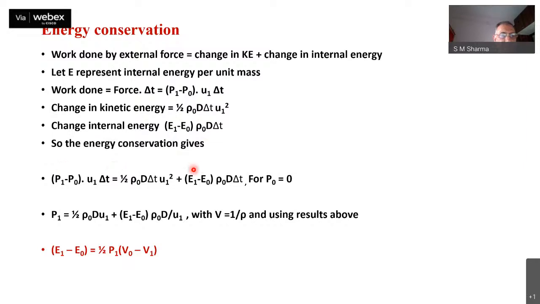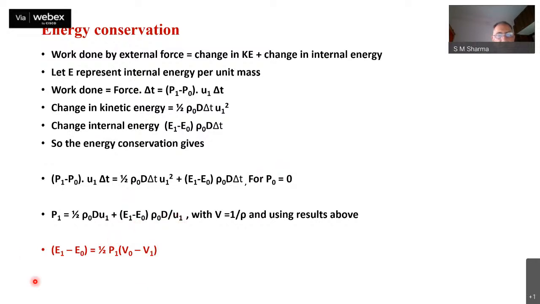So energy conservation would give (P1 minus P0) into this term u1 delta t is equal to the kinetic energy term plus the internal energy term. So for P naught equal to 0, one gets P1 u1 is equal to half rho naught D u1 squared plus the internal energy term.